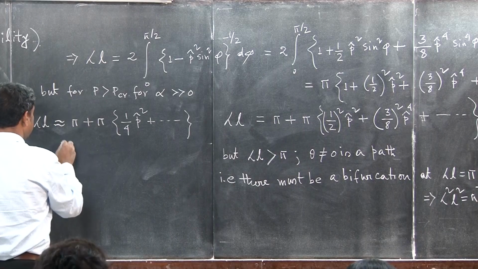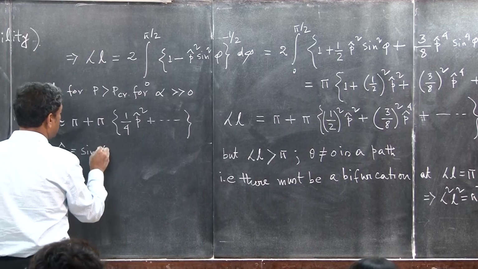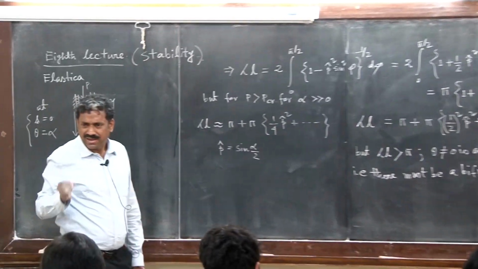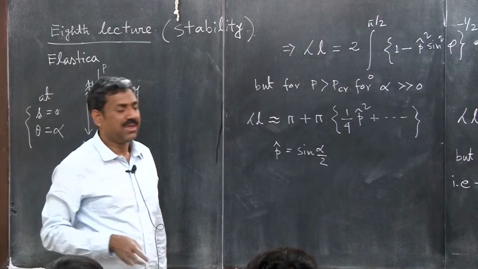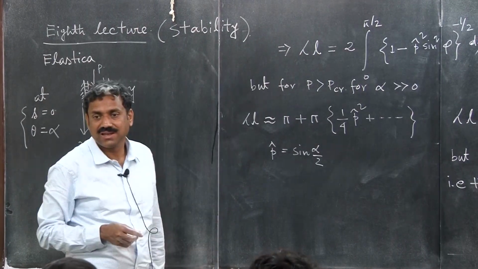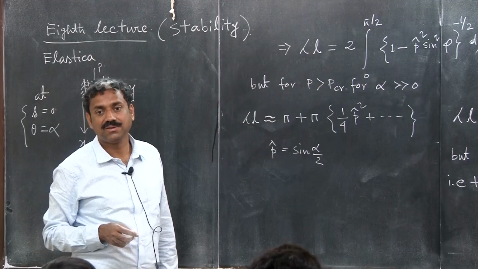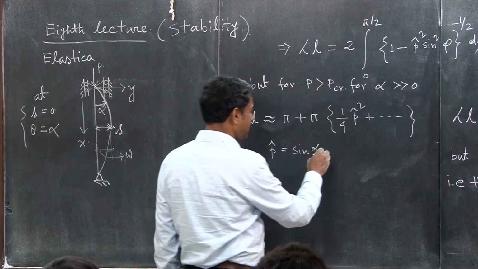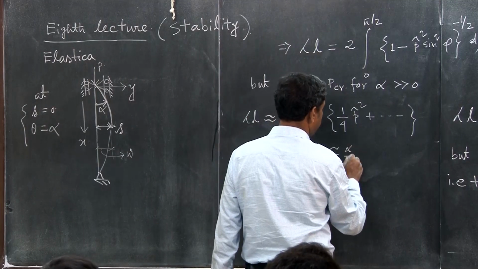Because p cap is nothing but sine alpha by 2, and I am assuming that alpha is maybe a little higher, not 30 degrees. The assumption that sine theta equals theta is valid when theta is less than or equal to around 4 degrees, so I am just approximating it with alpha by 2.